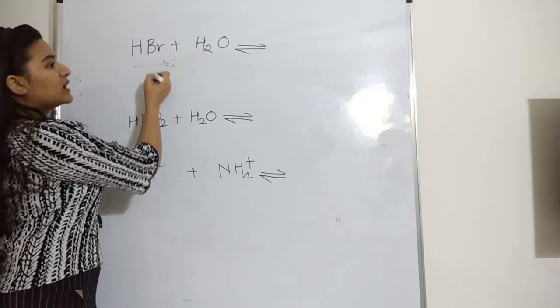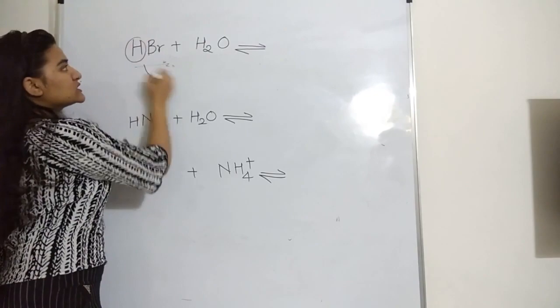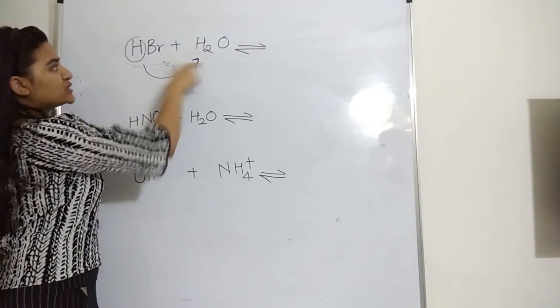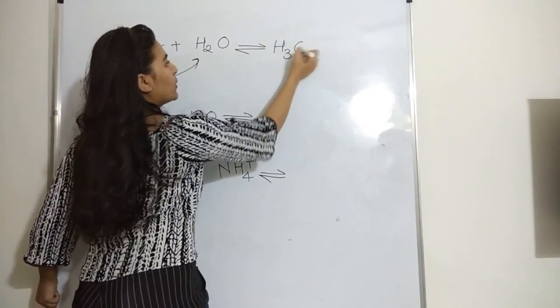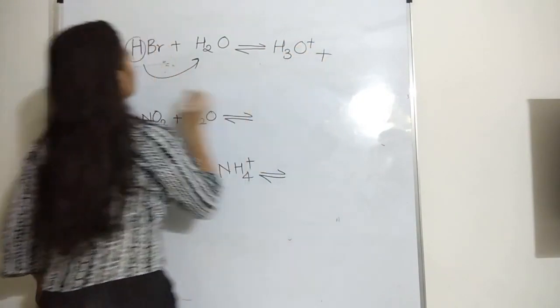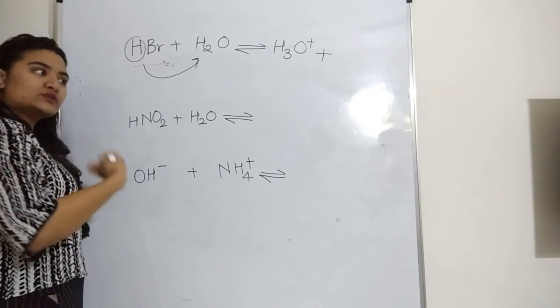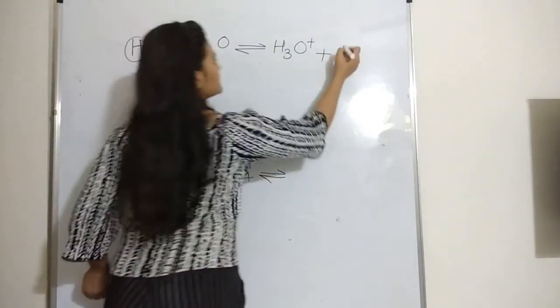HBr जो है अपना प्रोटॉन इसको दे देगा, तो क्या बनेगा, H2O अगर प्रोटॉन एक्सेप्ट कर ले so it will become H3O plus and Br क्या हो जाएगा, अब उसने H plus दे दिया है तो बचा क्या, Br minus.